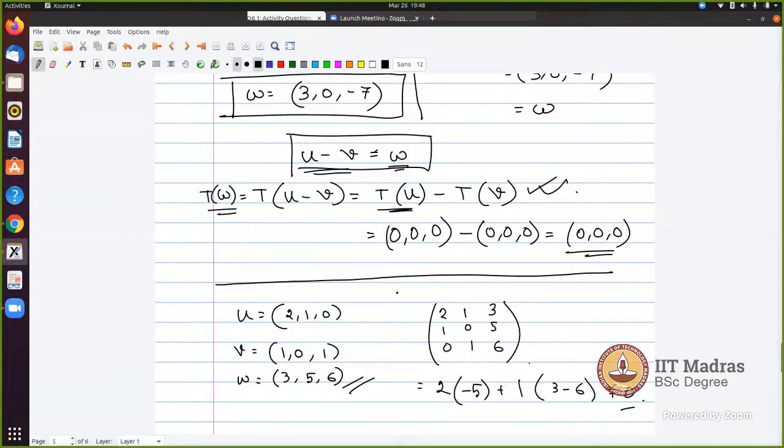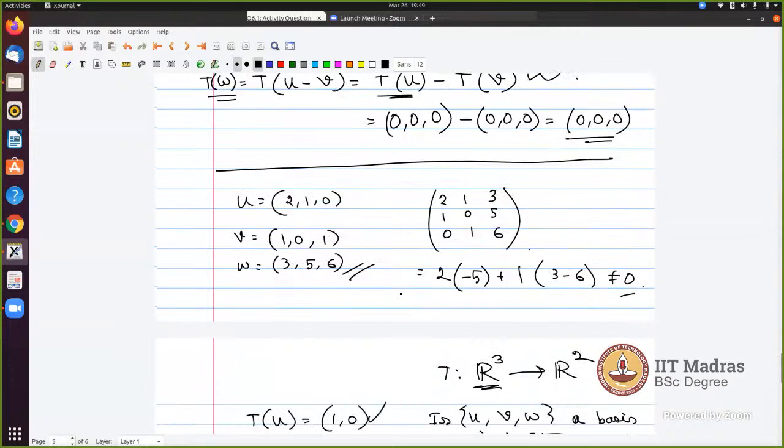Can we say that since the nullity of this matrix is 0, the R3 to R2 transformation, what is the rank-nullity theorem if I compute that?